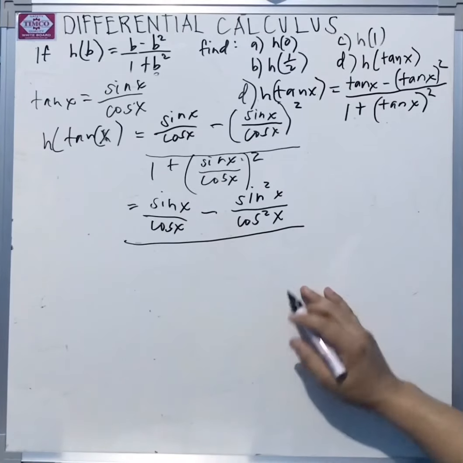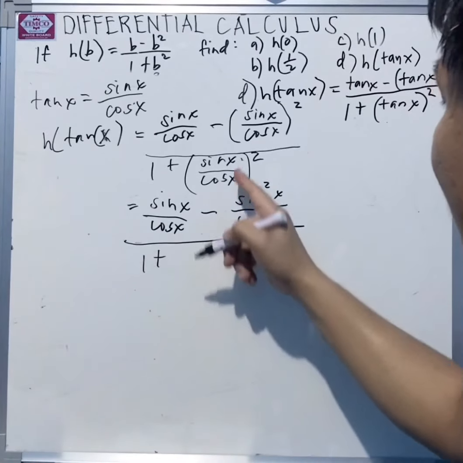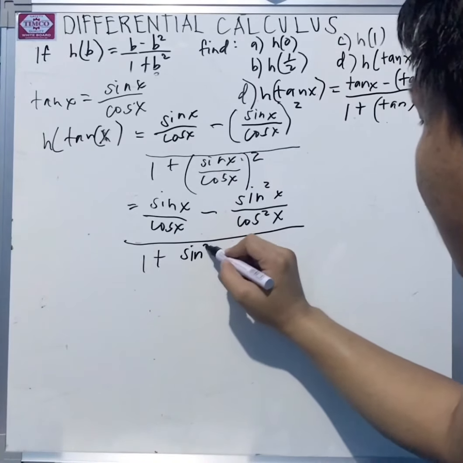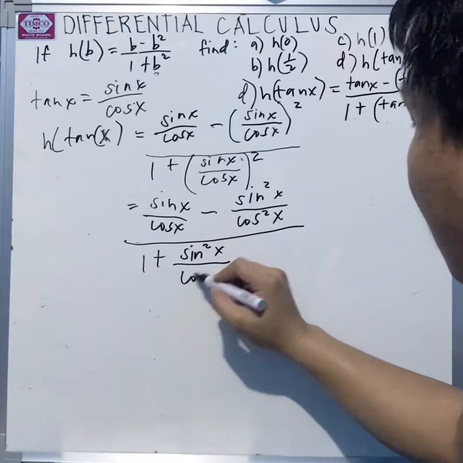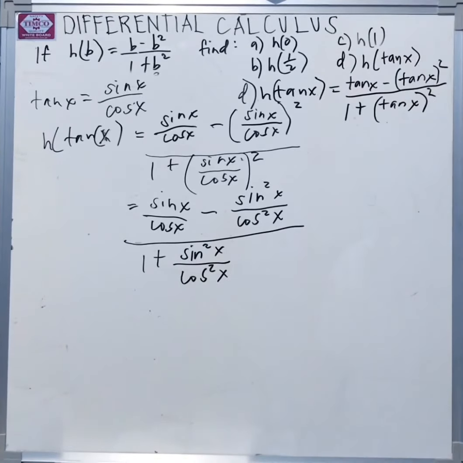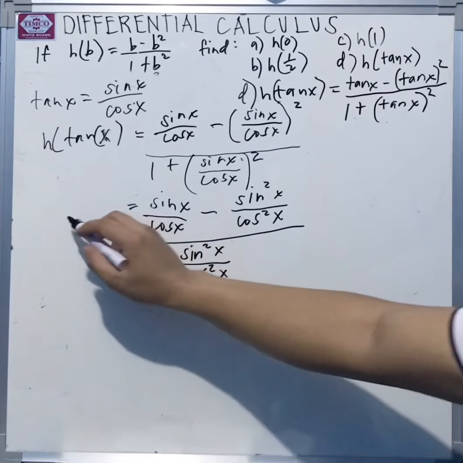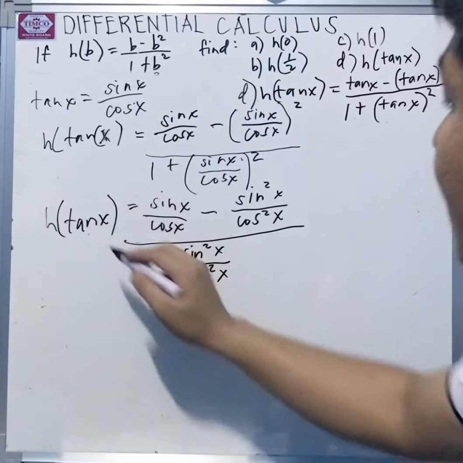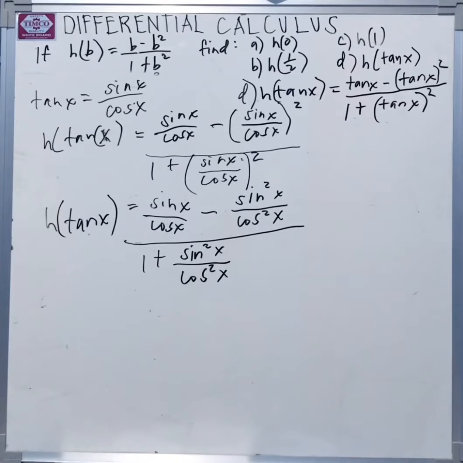All over 1 plus, ganoon din, squared din natin ng sin squared x over cosine squared x. So this is h of tangent x. Ngayon, ipapakita ko sa inyo kung paano i-evaluate ito.